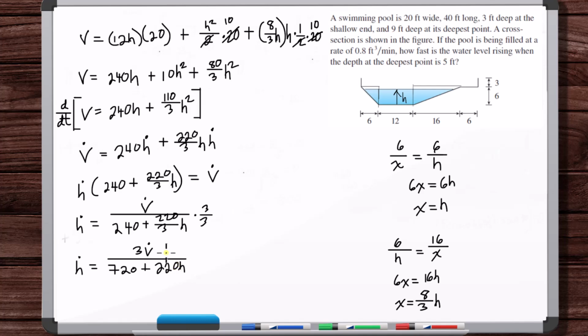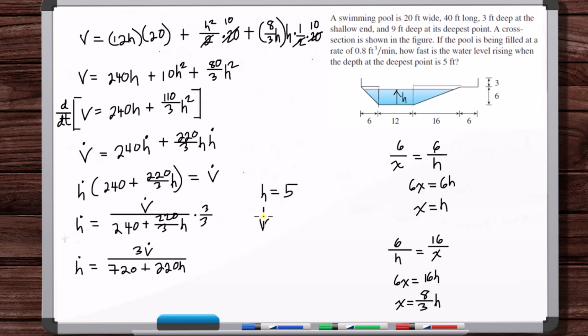Now we just need to plug in. We're trying to solve for h dot. We just need to plug in V dot and h. What are the signs of V dot and h? Let's come back to our formula. Having h be negative makes no sense here. There's no such thing as a negative h. It tells us what h dot is when h is 5 feet.